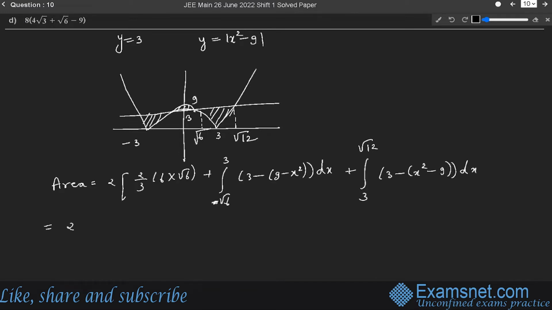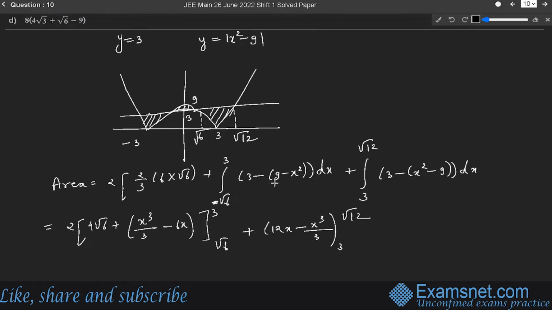So this will be equal to 2 into [4 root 6 plus (x cube upon 3 minus 6x) with limits root 6 and 3 plus (12x minus x cube upon 3) with limits 3 and root 12].